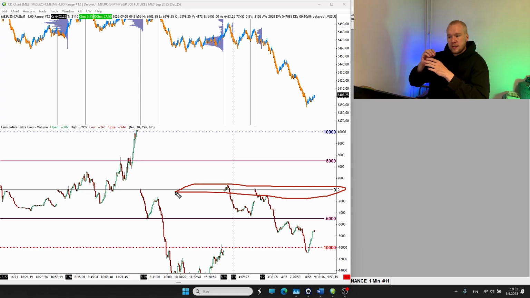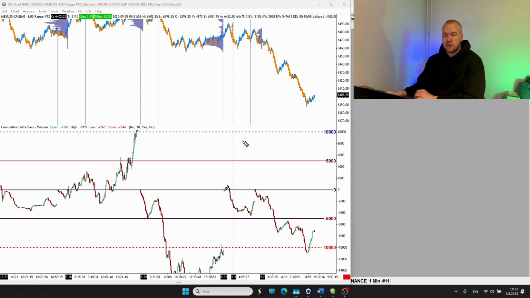The line at the 0 is there to show us very clearly if the delta is above or below that. It just makes it a little bit easier to read. And then I have also added two different lines on both sides. Looking at the positive now, we have 5,000 and 10,000, and the same applies for the negative side.